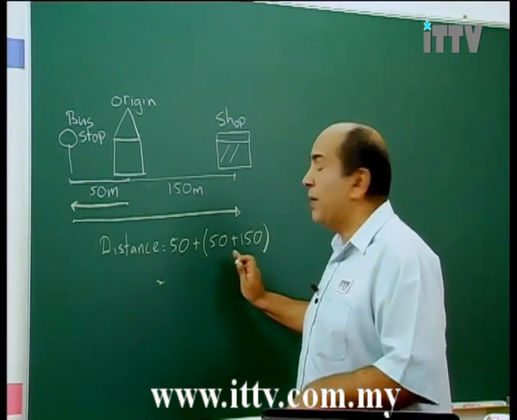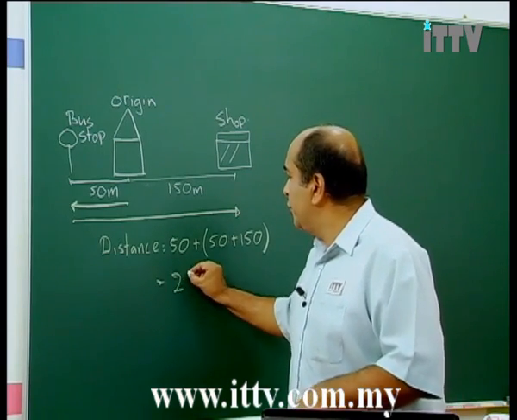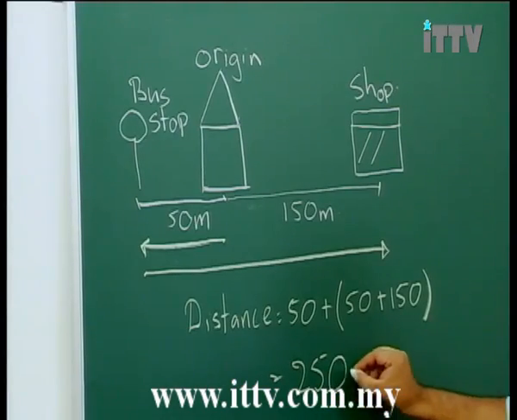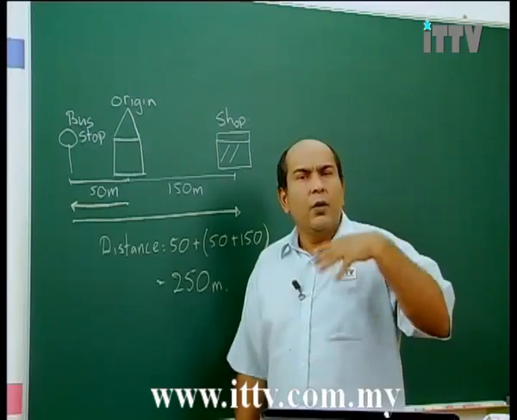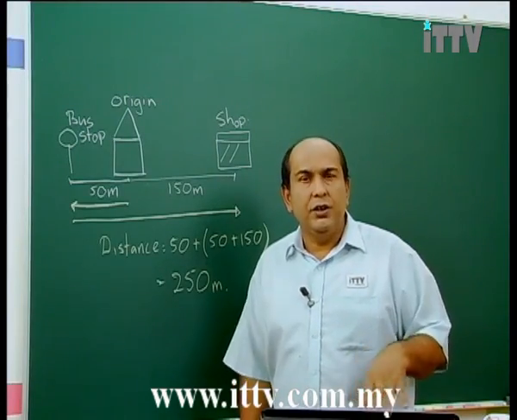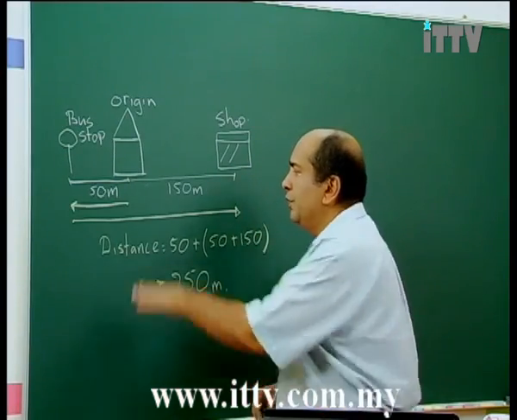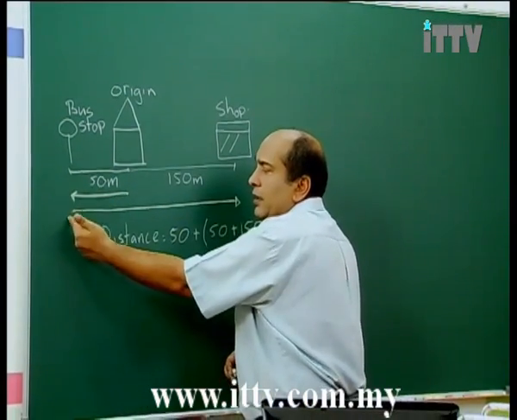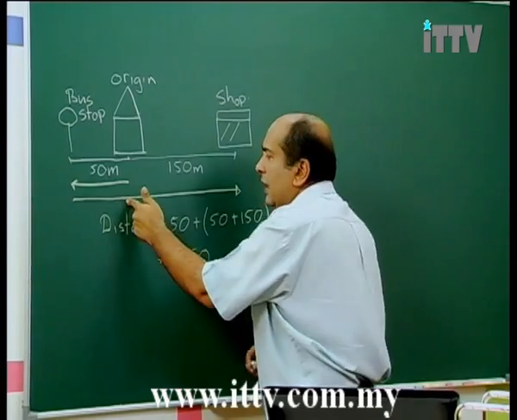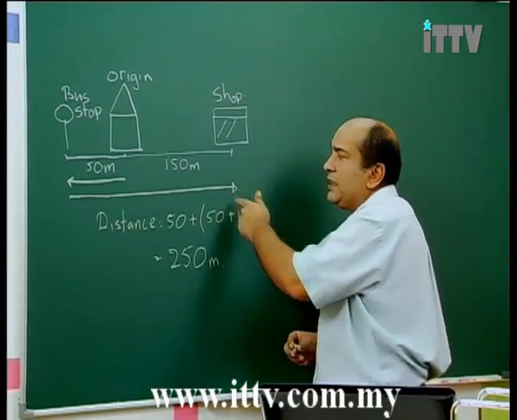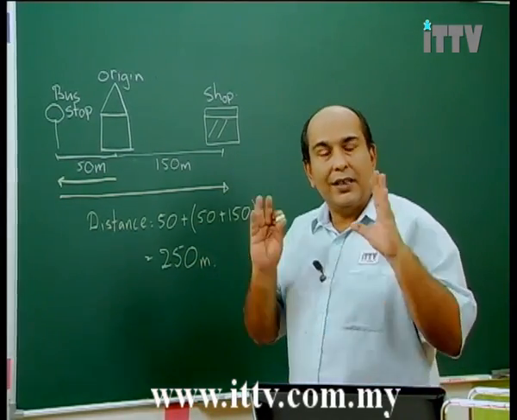Altogether, 50 plus 200 gives you 250 meters. That is distance. We don't care about the direction, we just want the total length moved. So you moved 50 meters this way, 50 meters back, and then another 150 meters in this direction. That is distance.